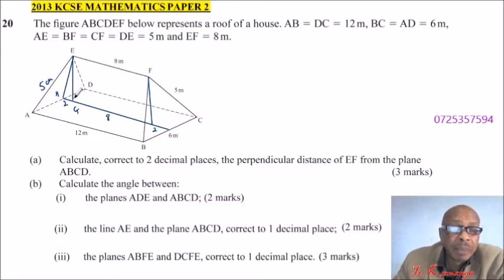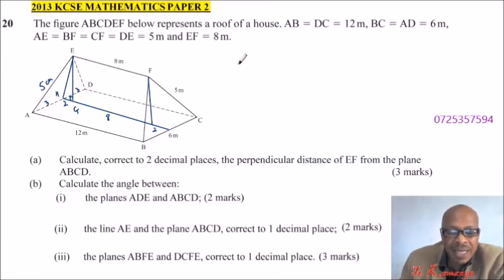Now, to get the perpendicular, this is a right angle here, so we can use this side here because this is 3 and this is 3. So we can use 3 and 5 to get EH, and then from there we can use EH to get the perpendicular height.